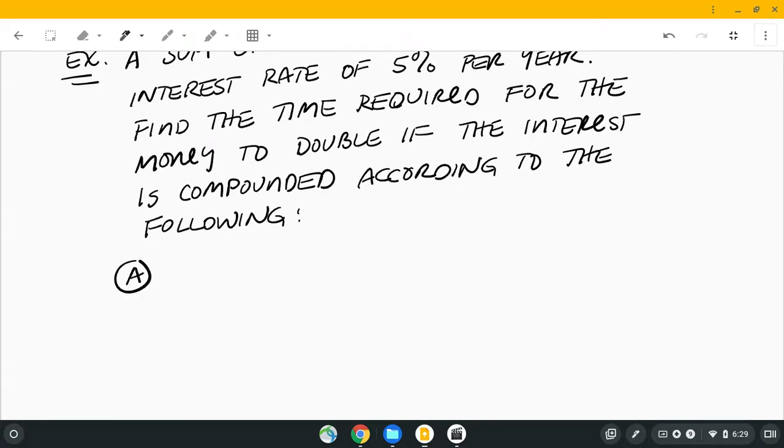A, semi-annually. And then B, continuously.